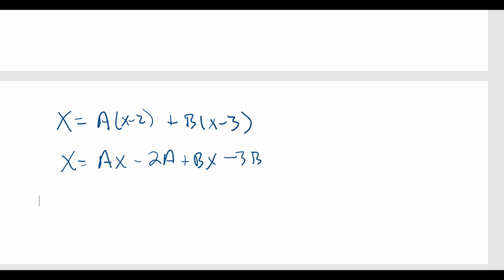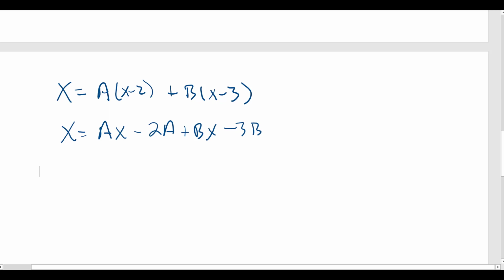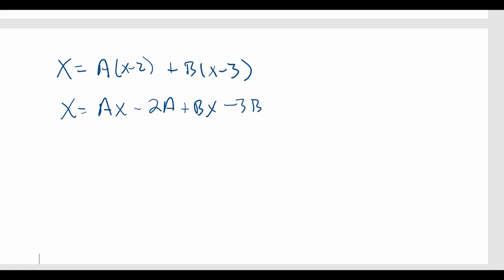And so this is what I call collecting the coefficients. I'm not sure what the actual title is, but I'm looking at coefficients for x. The coefficients on the left would be 1. On the right, it's going to be A plus B. So A plus B is 1.